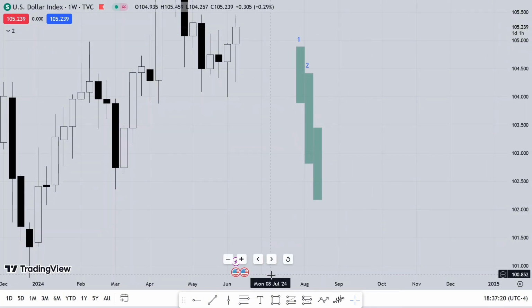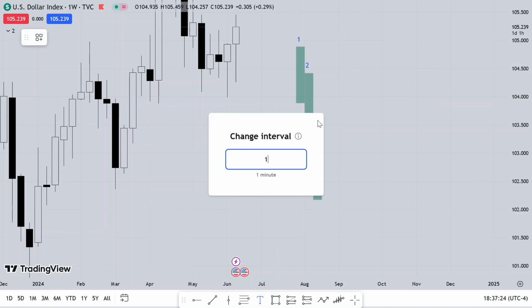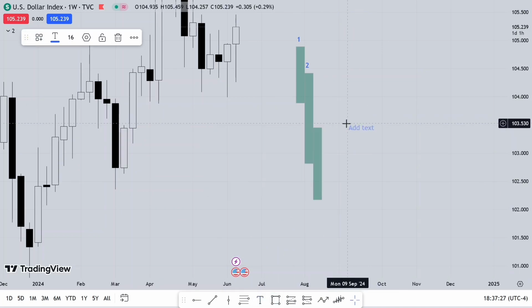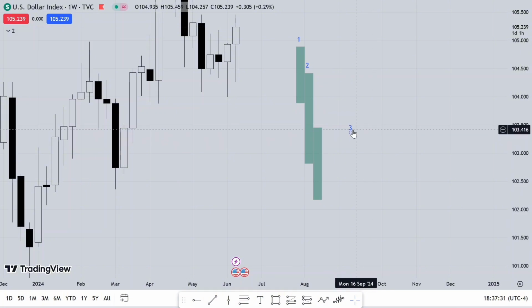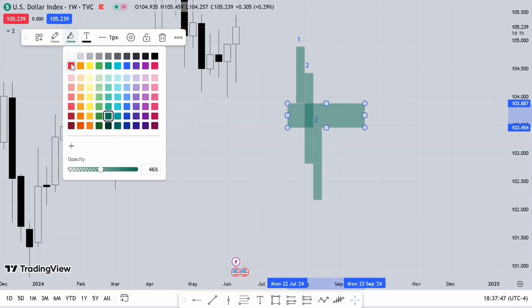Then candle number three does not trade to the low of candle number one. This is what we call candle number three. When the high of candle number three does not trade to the low of candle number one, you have an imbalance in price action. So let's label this red.